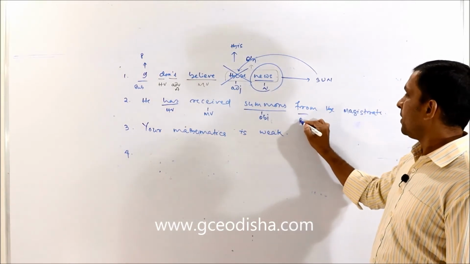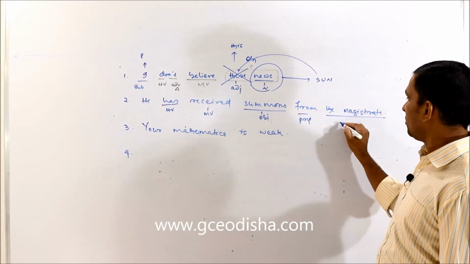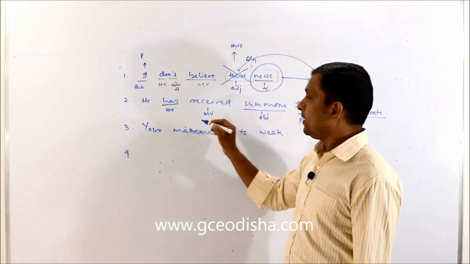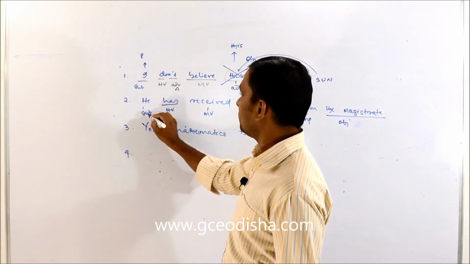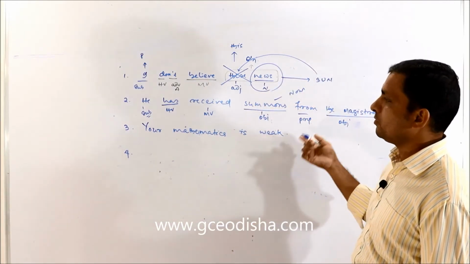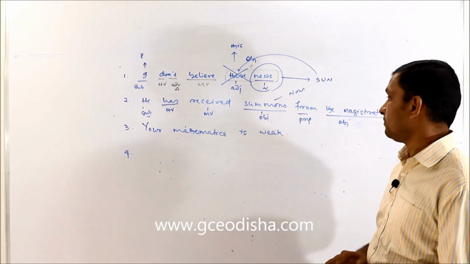From is the preposition, and the magistrate is the object of the preposition. And he is the subject, which is the pronoun. The object and the subject of the sentence are always a noun or pronoun.